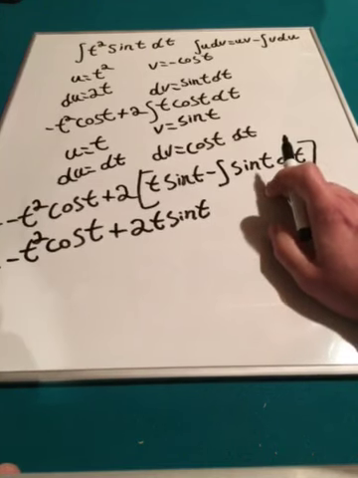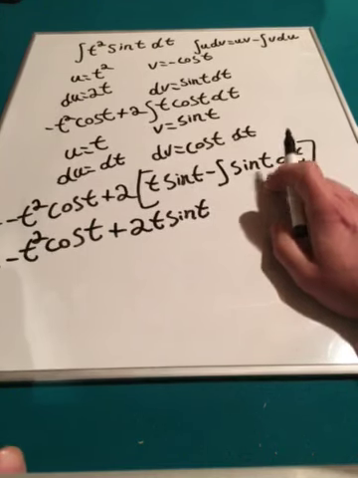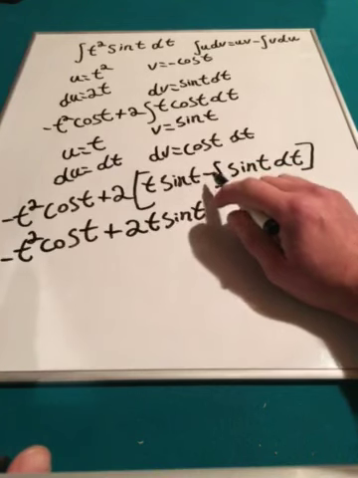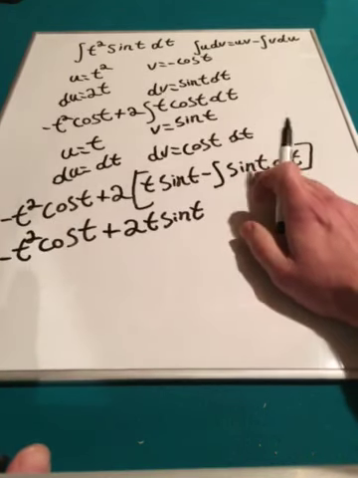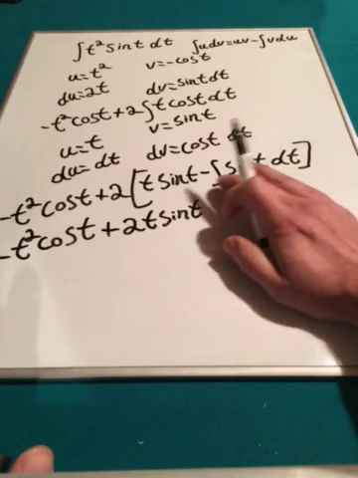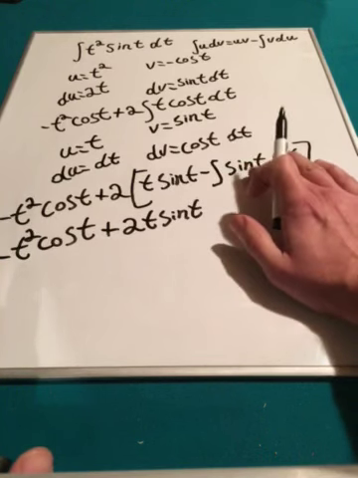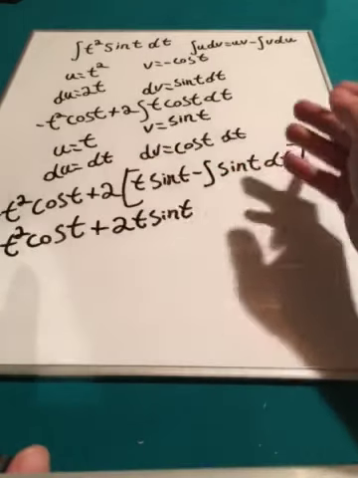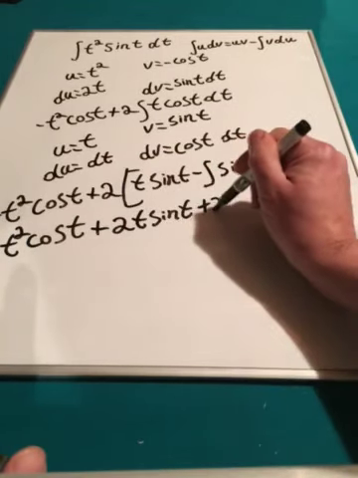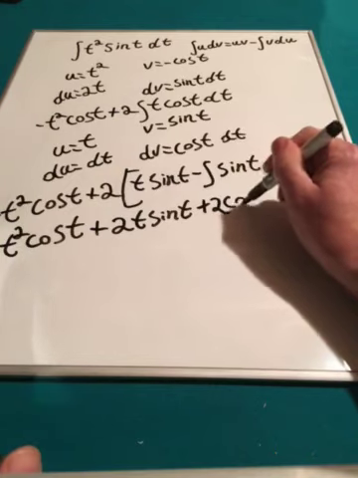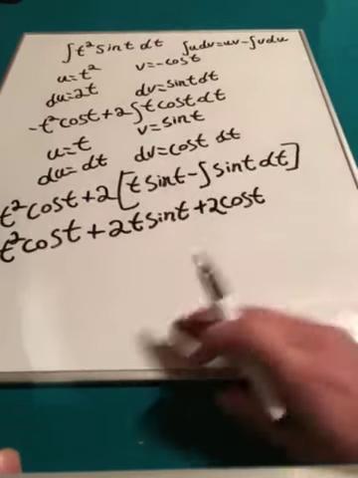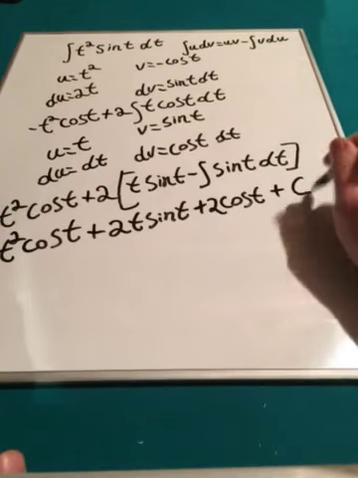What's the integral of sine of t? We found that in our first step. It was minus cosine of t. So this is minus a minus cosine of t, so that's plus cosine of t. So it's plus 2 cosine of t. And then, of course, this is an indefinite integral, so we add on our plus C.